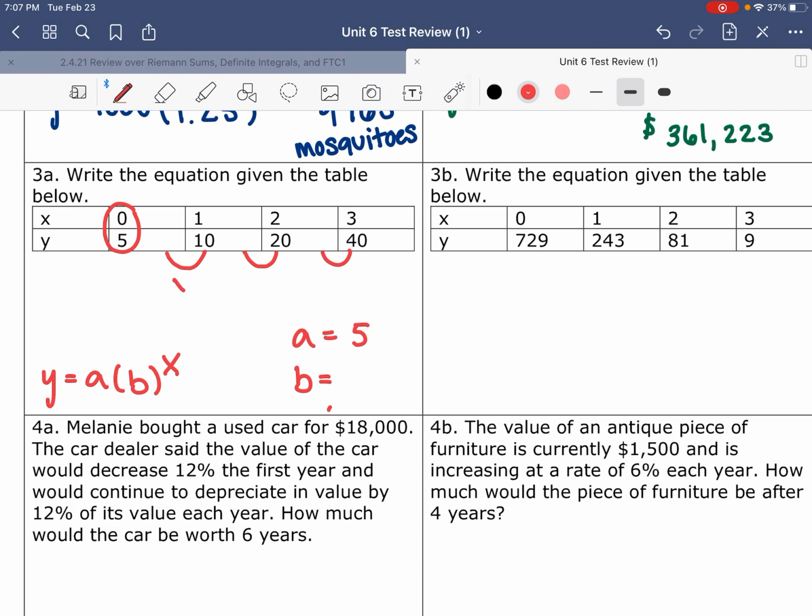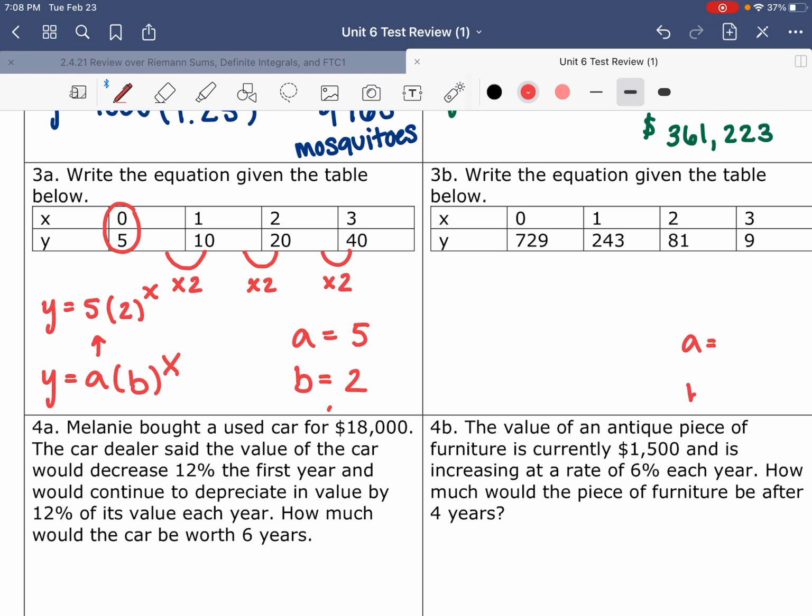So to get from 5 to 10, that's going to be times 2. 10 to 20 is times 2. 20 to 40 is times 2. So our b value here would just be 2. Now we just have to write our equation from this, so it becomes y equals 5, then in parentheses, 2 to the power of x.